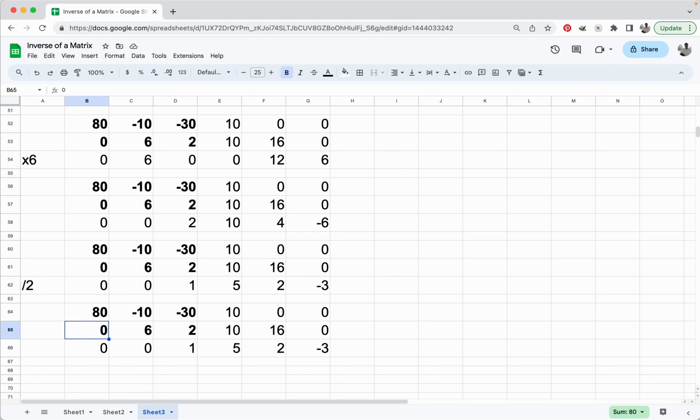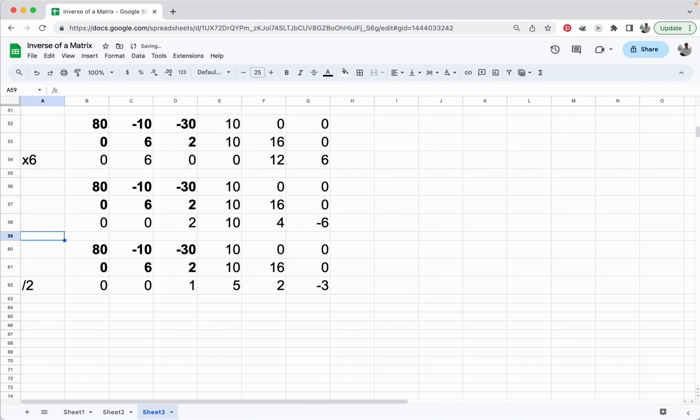No. So let me not divide by 2. I'll not divide by 2. Instead I keep it as is.